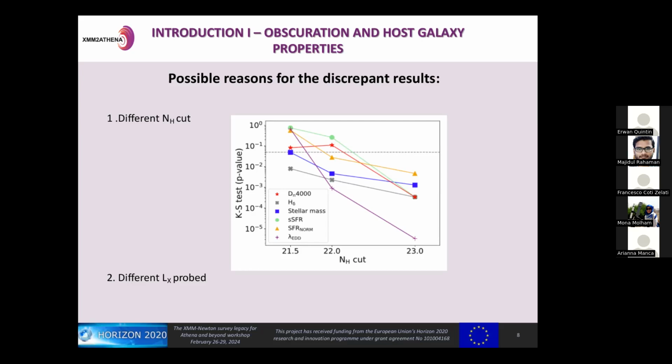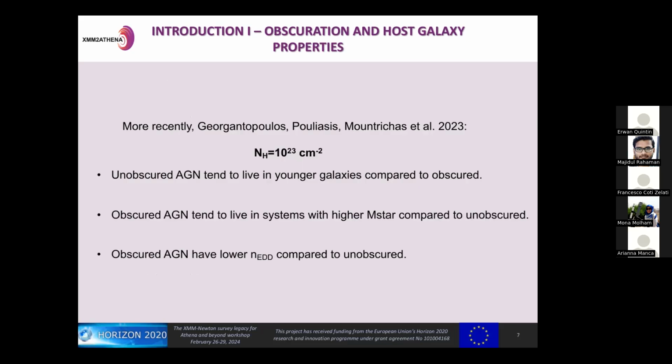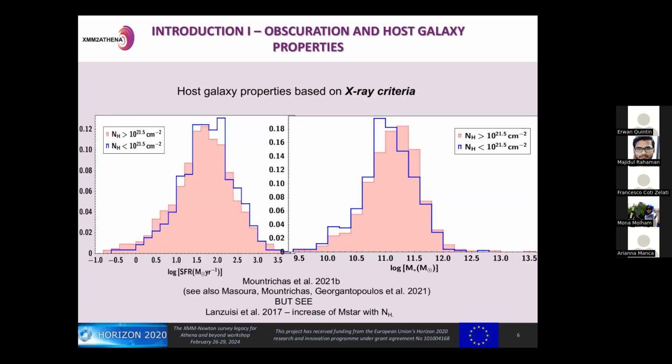So that was an indication, at least for us, that perhaps the reason why in these papers that we published earlier we did not find any differences is that the threshold we had used was 21.5.